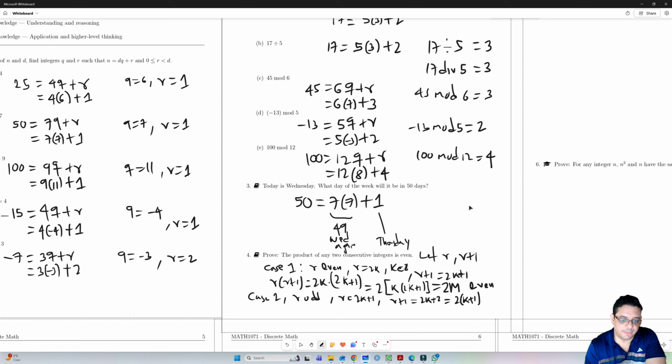And so when I do r times r plus 1, the multiplication of those consecutive numbers, I'm just going to get that this is twice k plus 1 times 2k plus 1. And if I just call this piece s, this is just going to be 2s, and it's going to be even. So by both of the approaches, I can show that the product of two consecutive numbers is even.